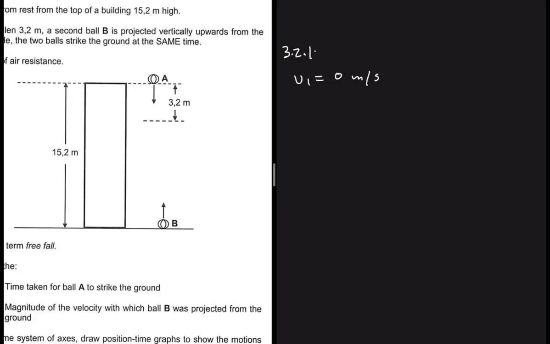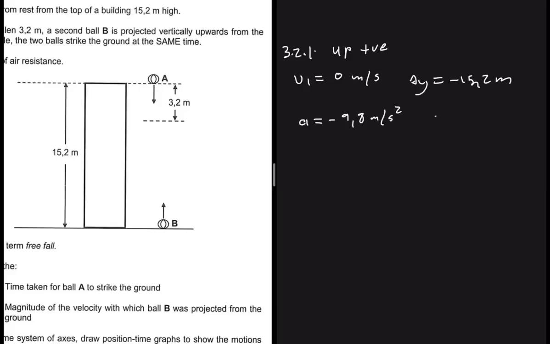Right, and we have delta Y. So let's take up as positive. If we take up as positive, then delta Y should be equal to minus 15.2 meters when our object strikes the ground. Another information we have is the acceleration, as we always do, minus 9.8 meters per second squared.